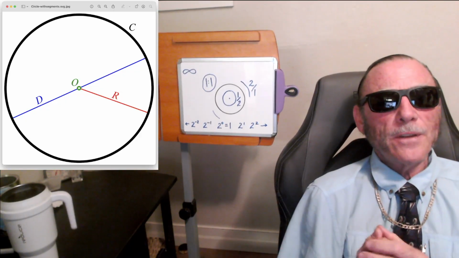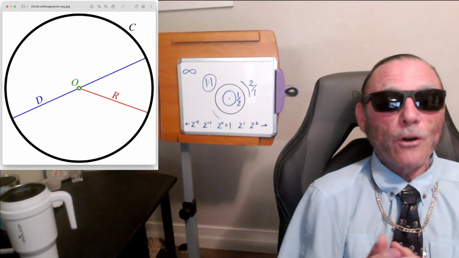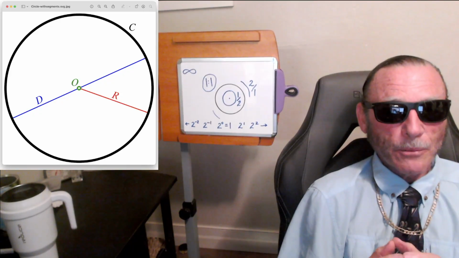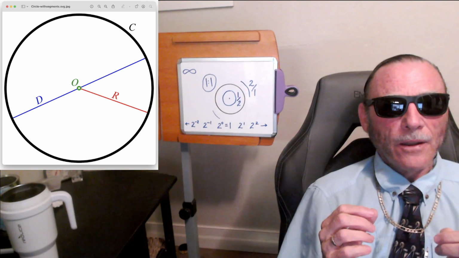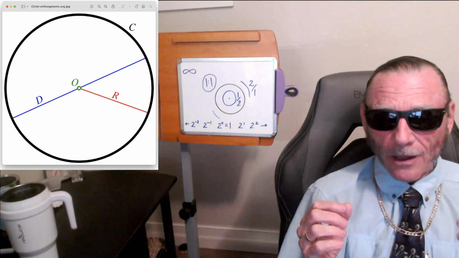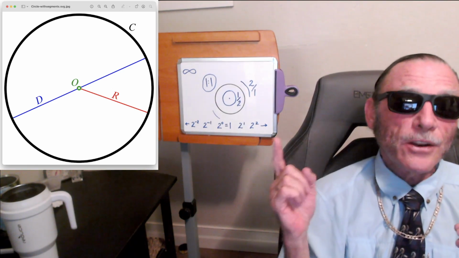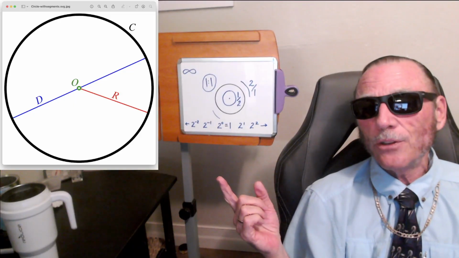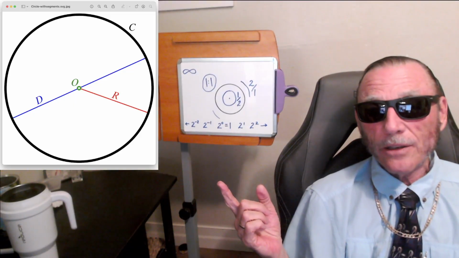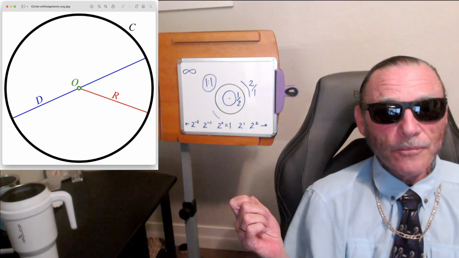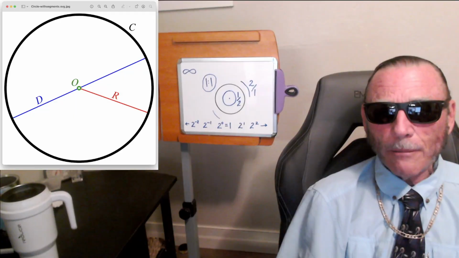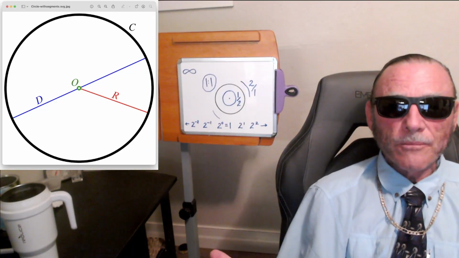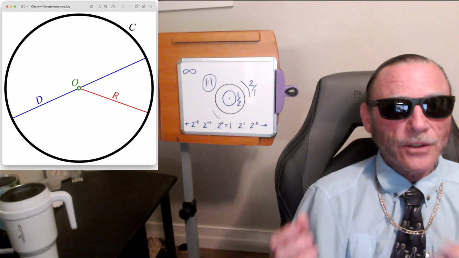Now, if you give it a number, which is called algebra, it's the beginning of algebra, you kind of reverse things and you say, okay, we have that line, let's just give it a number and see what we can do with it. Because we can define that number perfectly according to Euclid. We're going to say that that diameter is 1. And that's the distance.